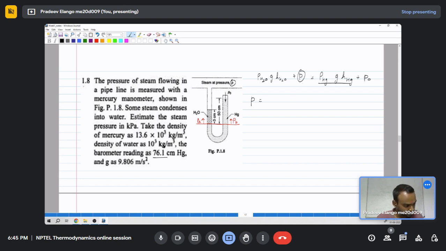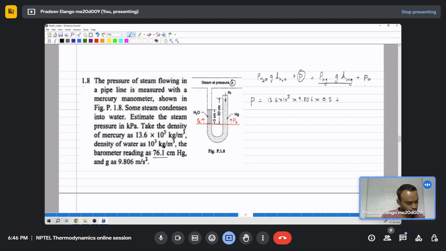Then we have this term written as 13.6 into 10 power 3 into gravity 9.806 into height of the mercury column, which is 50 centimeters, so that is 0.5 meters, plus P naught, the atmospheric pressure, which is 76.1 centimeter mercury.